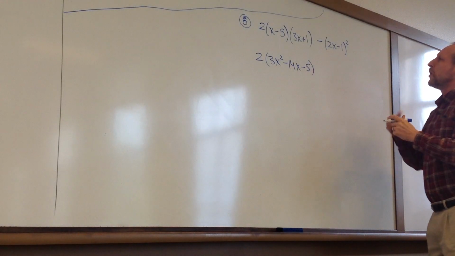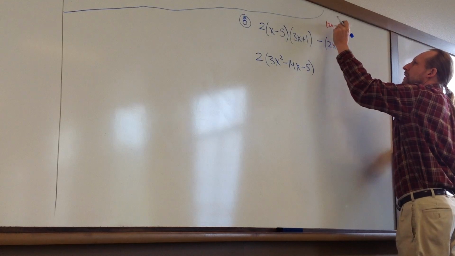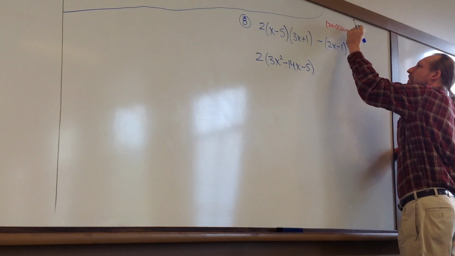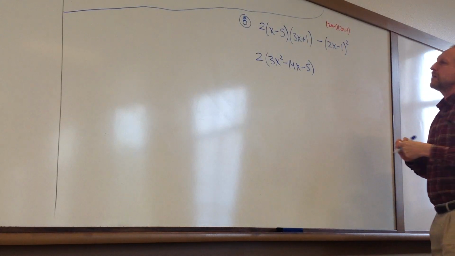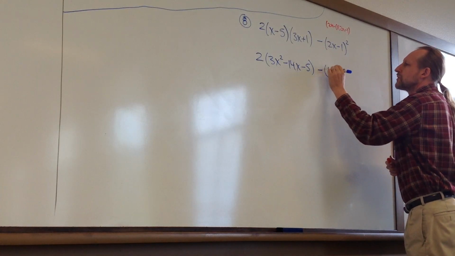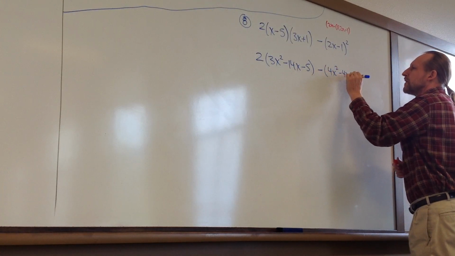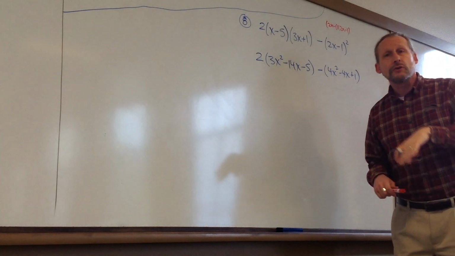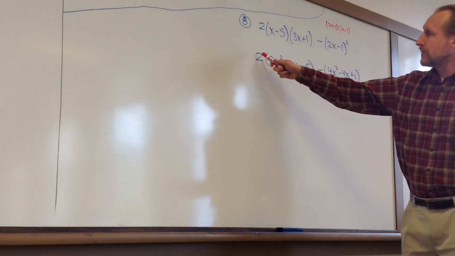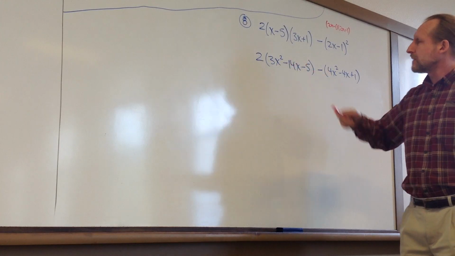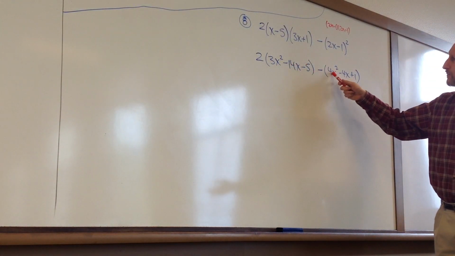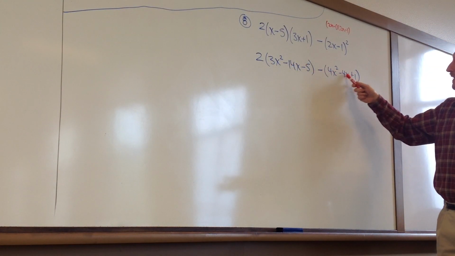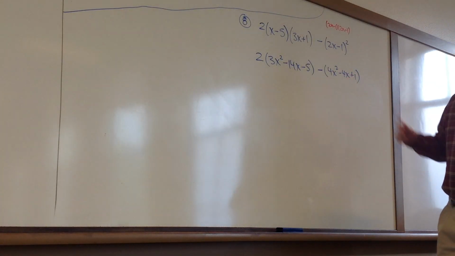Over here, don't forget, if you're squaring a binomial, you're multiplying it by itself. So this will be 4x squared minus 4x plus 1. And so now we need to distribute each of these. We'll need to distribute the 2 into these parentheses, and then this minus 1 or a minus sign into these parentheses.